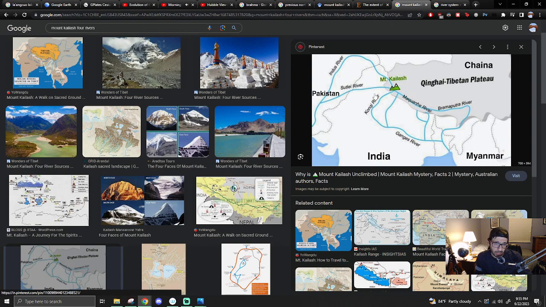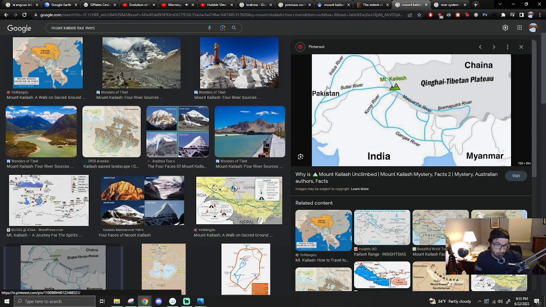Indus, Sutlej, Kanki, and Makwanhi, which turn into the Ganges River and Brahmaputra River. So from Mount Kailash, all these rivers flow. Pretty crazy. What that means to me is that to Mount Kailash, all these currents once flowed. That's kind of my interpretation, at least.